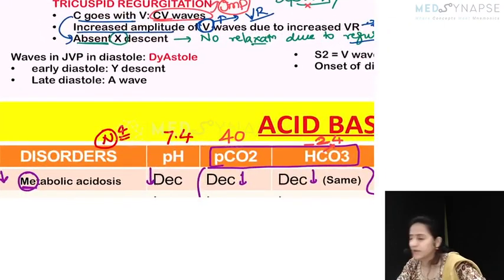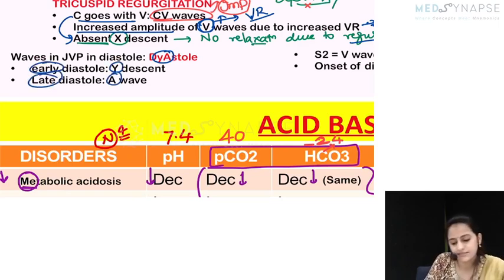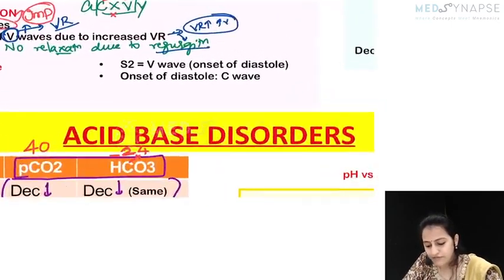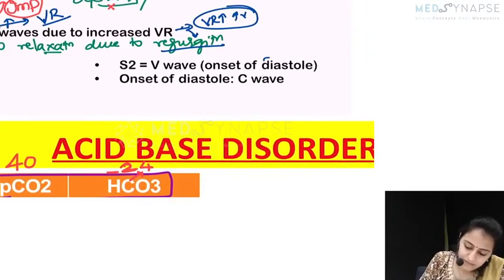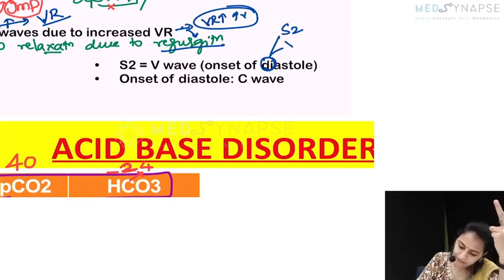Did we see what waves in JVP occur in diastole? The diastole. Right? What happens in diastole? Y and A. Y is early, A is late. What wave indicates the onset of diastole? Di is what heart sound, what wave? Di matlab S2. What wave? 2 matlab V. Right?